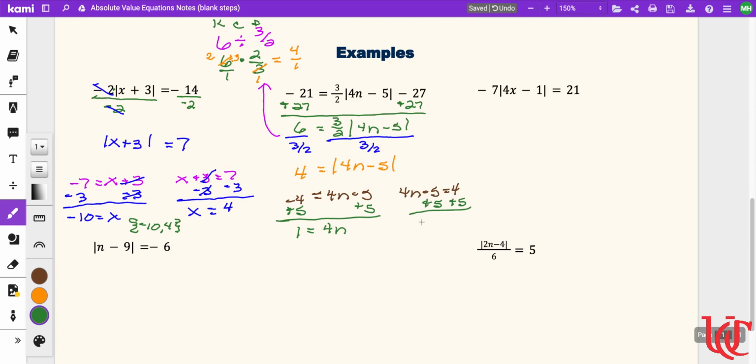And then this one, I have 4n equals 9. Divide by 4, divide by 4 to get n by itself. So I have n equals 1/4 and n equals 9/4, which is perfectly good.